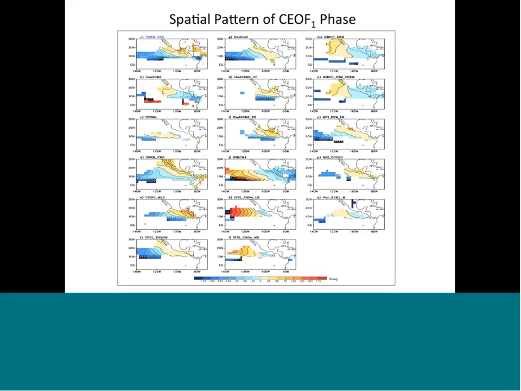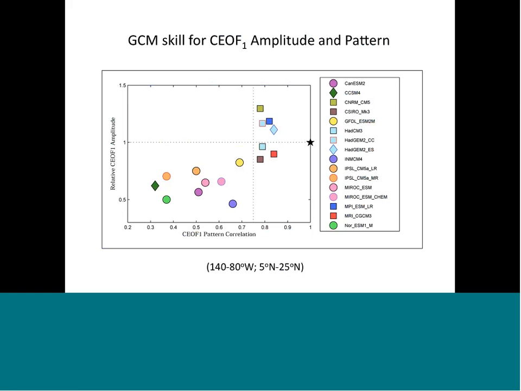So next, please. Based on the previous slide, if we multiply the spatial amplitude distribution with the cosine or sine of the spatial phase distribution, we can get the physical distribution of the leading ISV mode based on the models and observations.